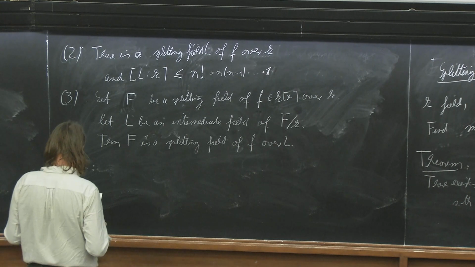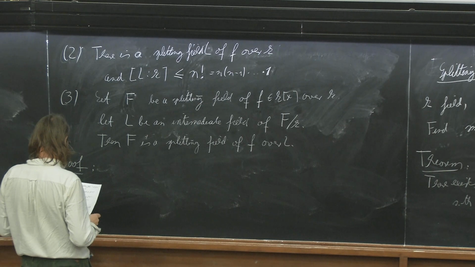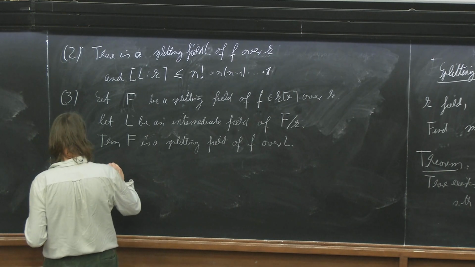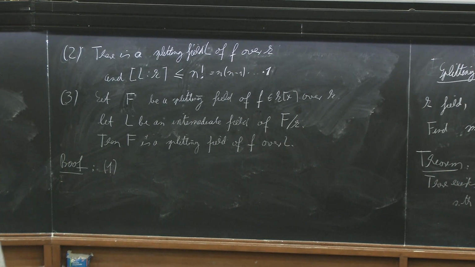So first, part 1. Clearly, our polynomial f splits over K(a1, ..., an), because we can see all a_i are zeros.